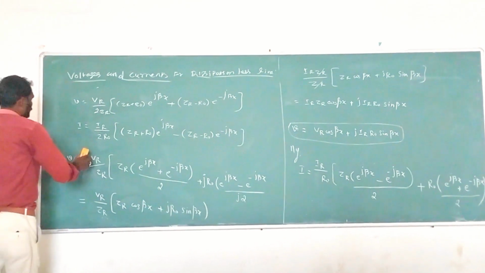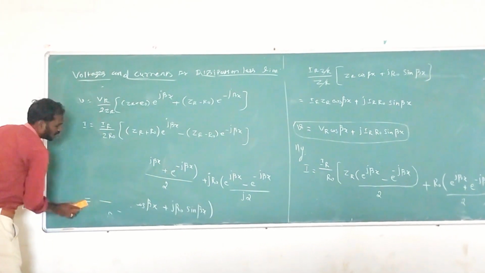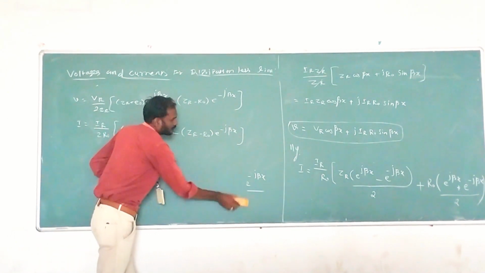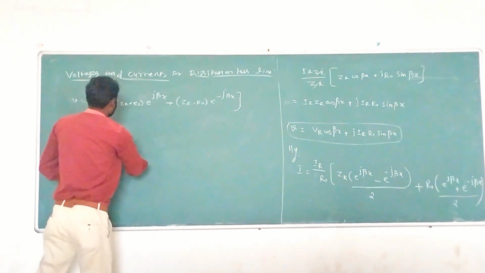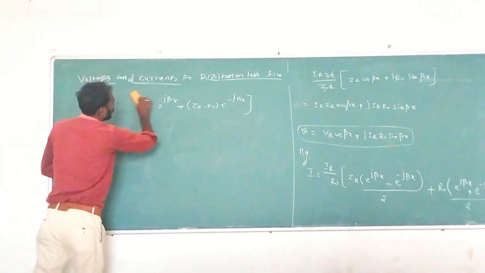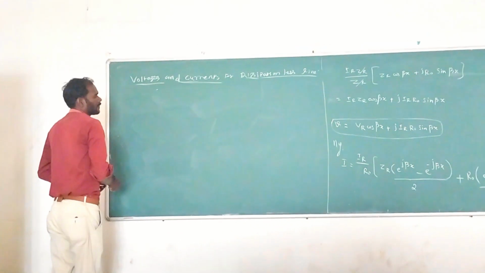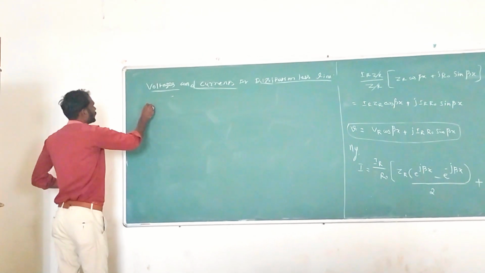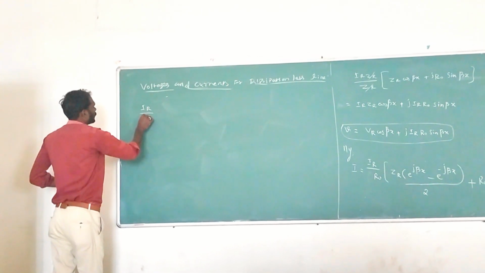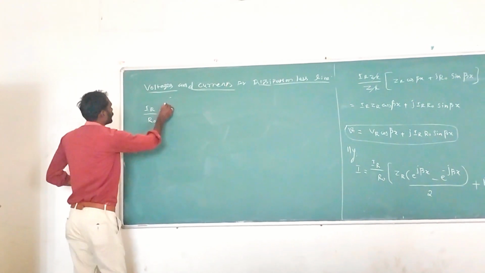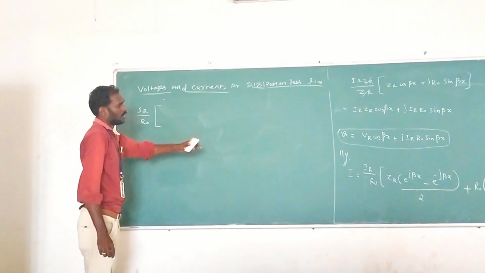So again we see, after rearranging the current equation, IR by R naught into R naught.